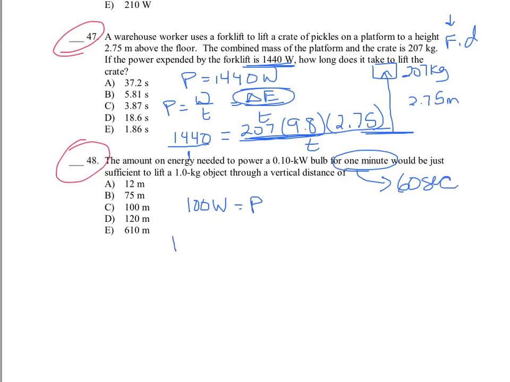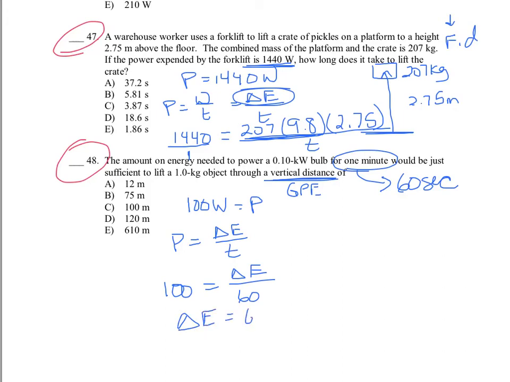So our power is equal to our change in energy over time, or our work divided by time. And the reason why I chose energy is because it gave us vertical distance, so I'm going to find its gravitational potential energy just like I did in the previous one. So 100 is equal to the change in energy divided by 60, so our change in energy is 6,000 joules.